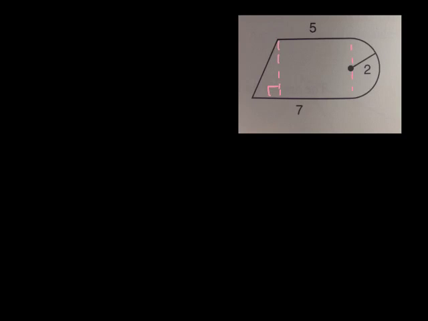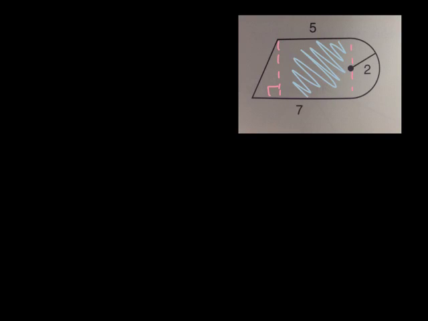So what we're going to do is we're going to find the area of this rectangle. Then we'll find the area of the triangle. And then we'll find the area of the half circle and add them all up. Okay, so let's make all that go away.